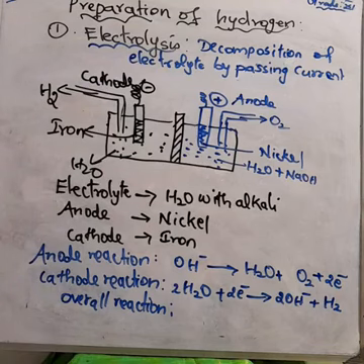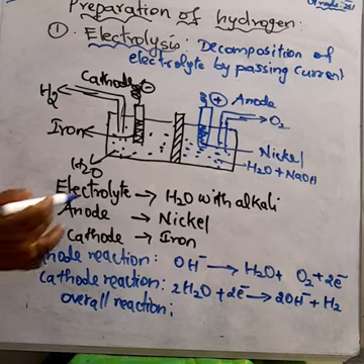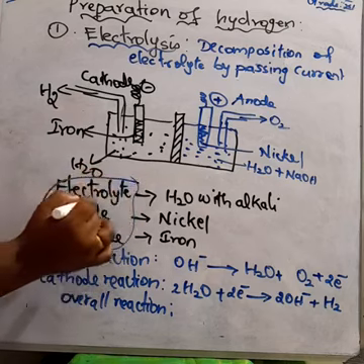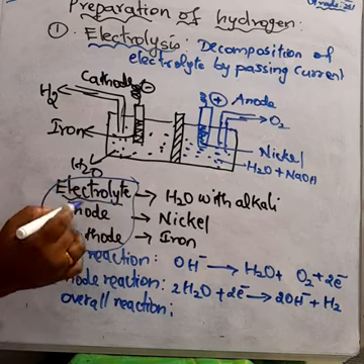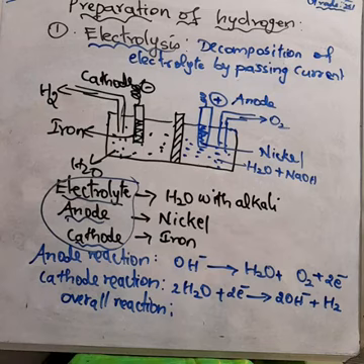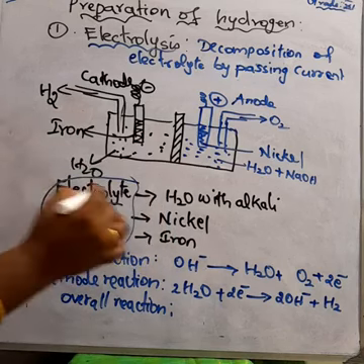Here for the electrolysis, we need 3 substances. What are the 3 substances? First one, electrolyte. We need electrolyte, anode and cathode. For the electrolyte we are taking water with a little alkali.